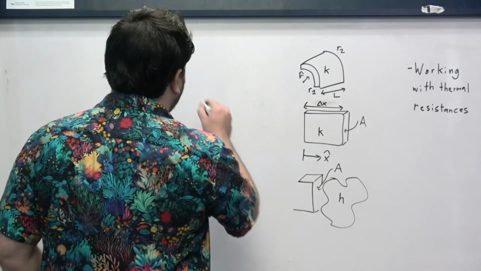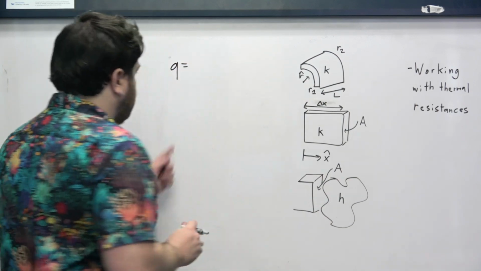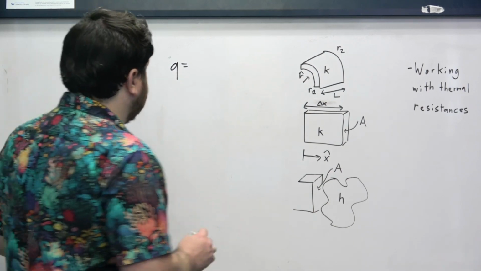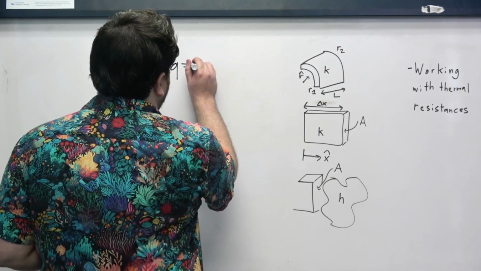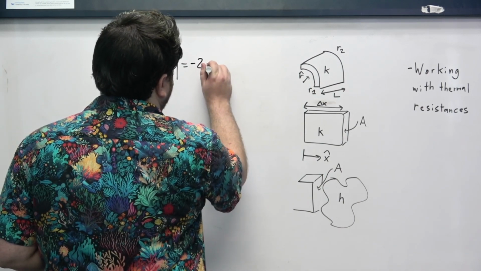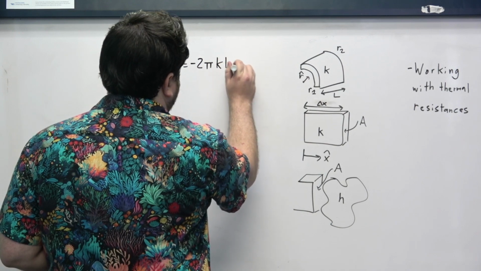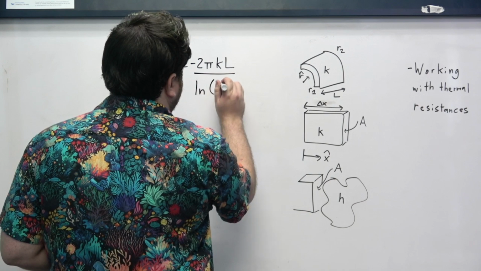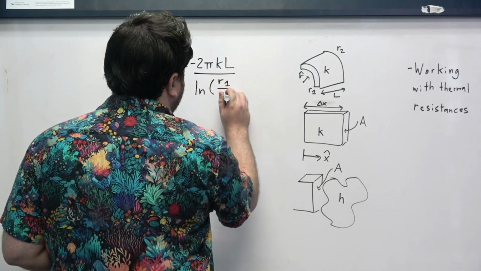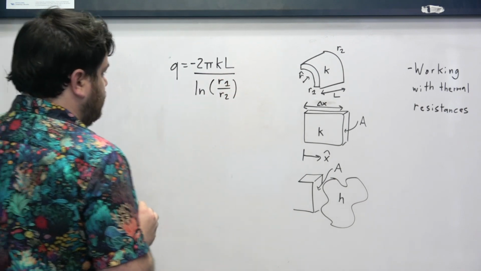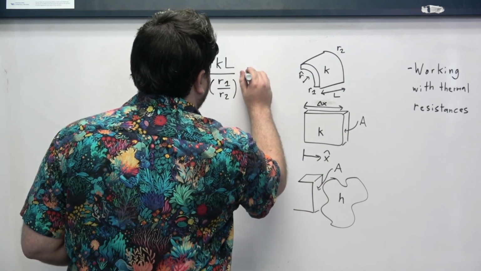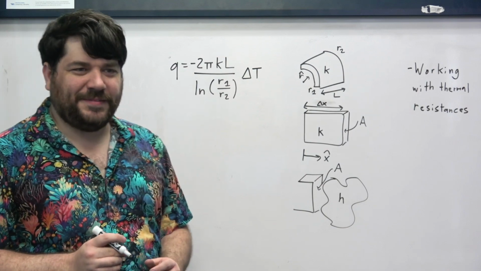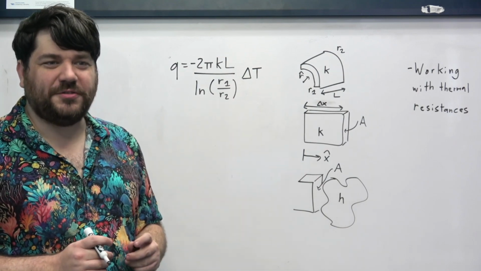Here, the expression that we had derived for the heat transfer rate was minus 2 pi K L divided by the logarithm of R1 over R2, multiplied by a temperature difference. So this is what we had derived for the heat transfer rate.